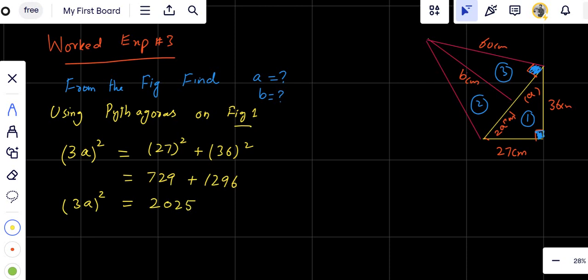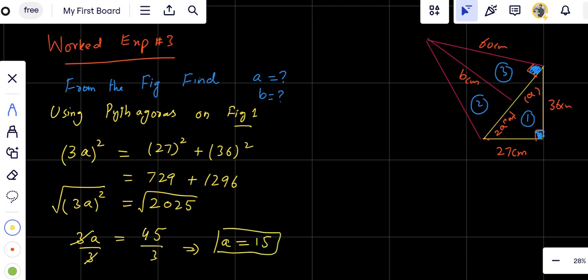So now as we are trying to find a, so it means we need to remove this square, and we can only remove it by taking square root. So by taking square root, this is square root of 2025 is, I think so, 45. Yeah, perfect. We need a. So divide both by 3, we can write 15.